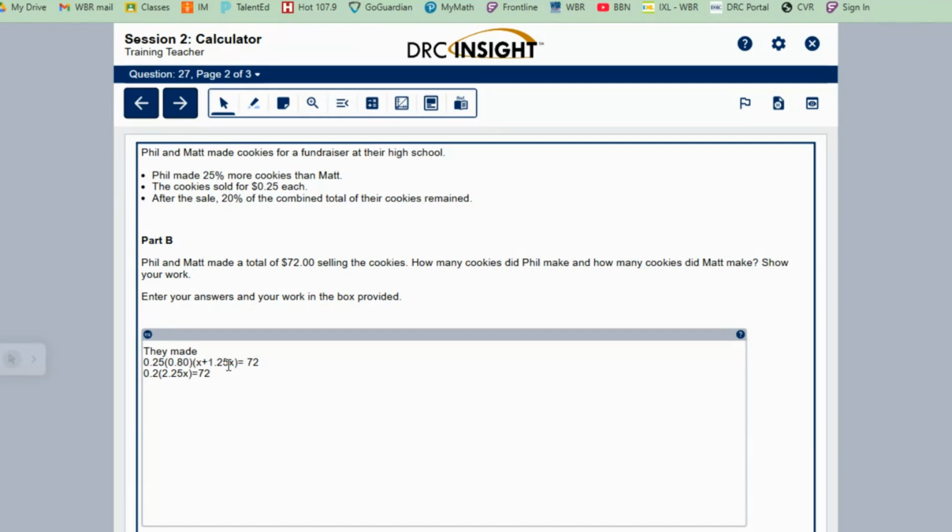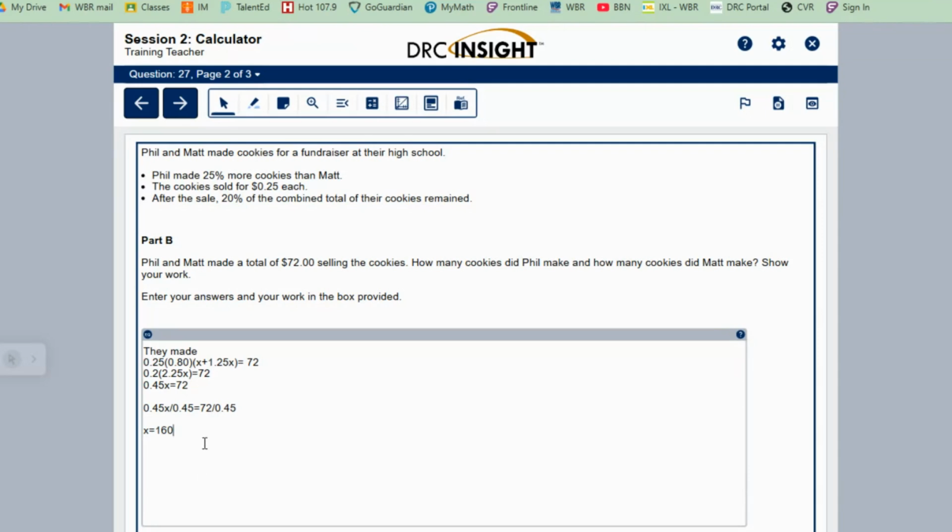I multiply the 0.2 by the 2.25, and that gives me 0.45x equals 72. I divide both sides by 0.45 to get x alone. So x equals 72 divided by 0.45, which is 160.